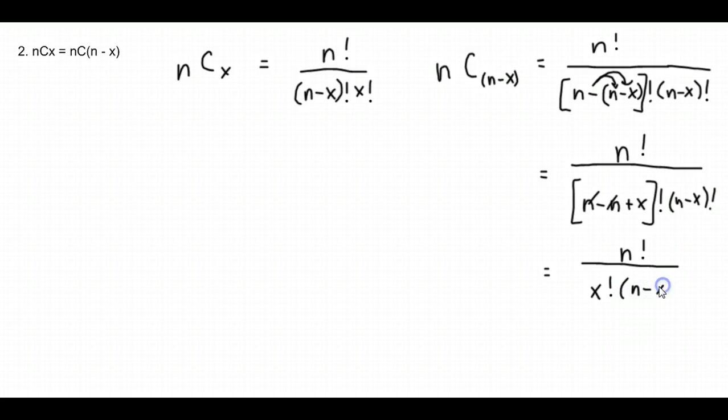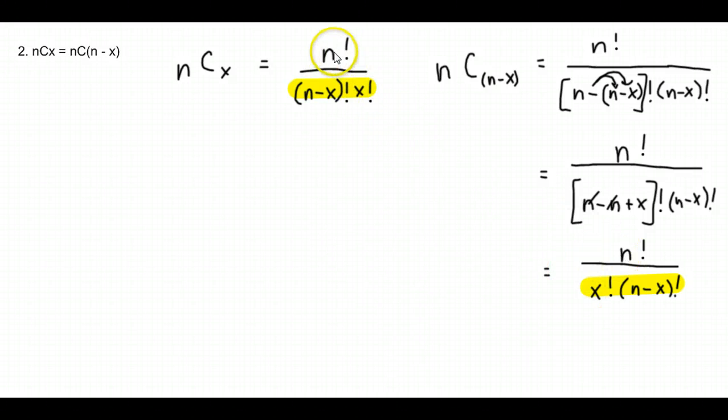Well, if you look at that denominator that's left here, x factorial times n minus x factorial is the same thing as this one. Right, because of the commutative property, if I multiply x factorial times n minus x factorial, I'm going to get the same thing as if I multiply n minus x factorial times x factorial. Alright, 3 times 4 is 12, 4 times 3 is 12. So these two things are the same.